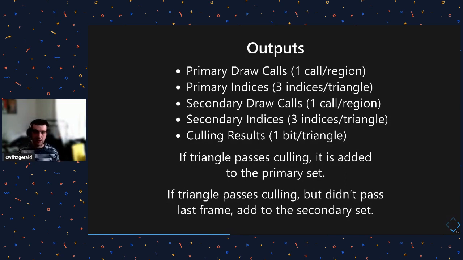The secondary one is for all of the triangles that passed culling this frame, but failed culling last frame. This is for filling in all of the gaps missed by that first pass. So if a triangle passes culling, that's added to the primary. If a triangle passes culling but didn't pass last frame, it's added to the secondary set.